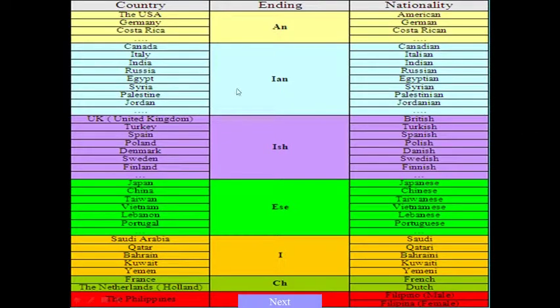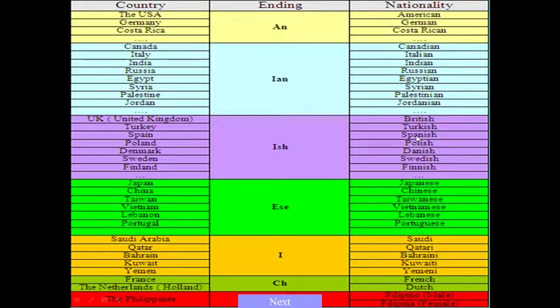Okay? Now, moving on, we have other parts of the world. UK, obviously United Kingdom, Turkey, Spain, Poland, Denmark, Sweden, and Finland. And these countries, when we want to talk about people with these nationalities, we use ISH. Okay? So, someone from the UK, he's British. Turkey, someone from Turkey, Turkish.